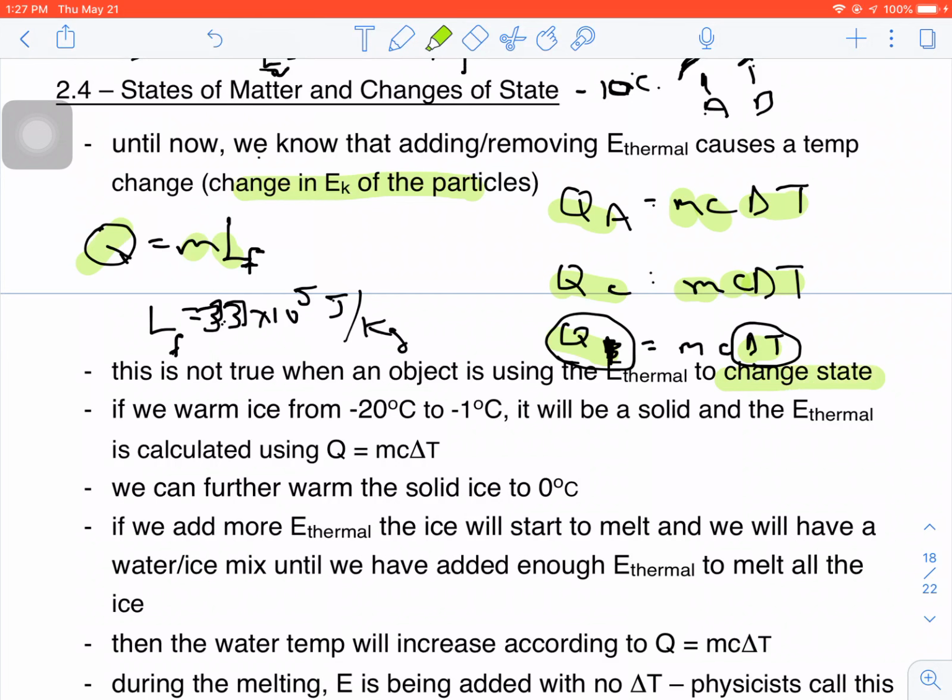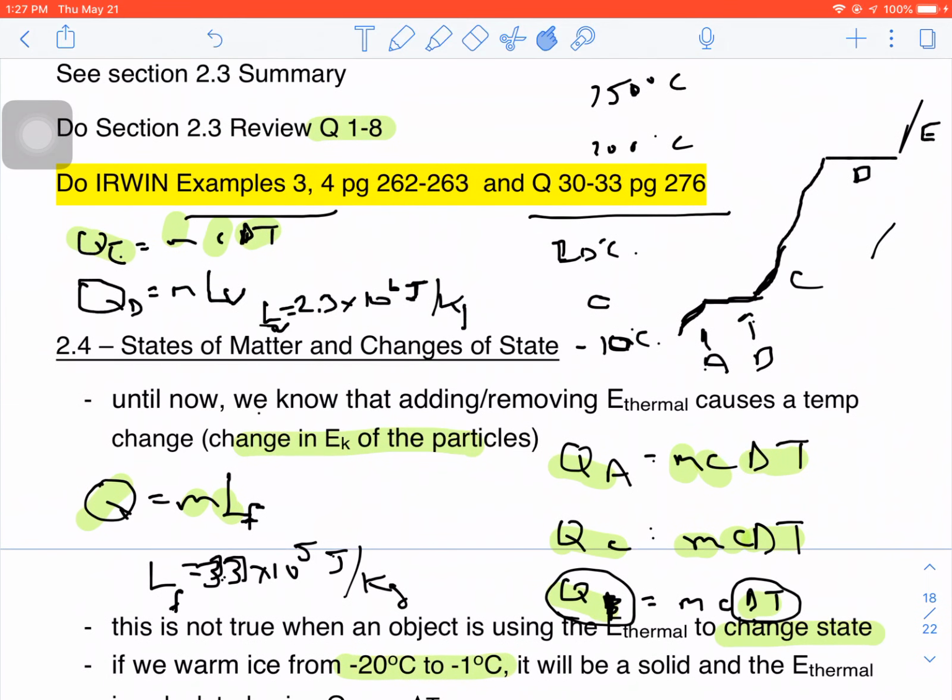So when I'm warming ice, in this case from -20 up to 0, I have a nice straight line that shows that as I add more energy, as time goes by, I have this nice straight section here, A. Not very straight on my graph, but it should be straight, with t on the bottom in seconds.